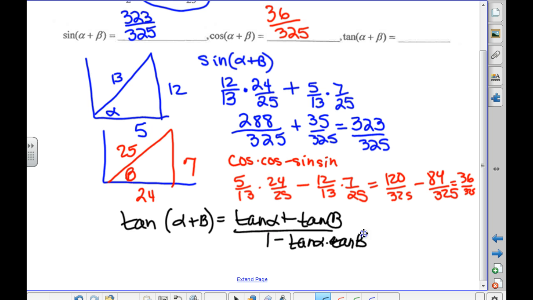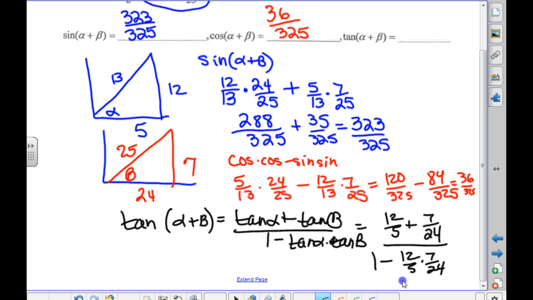Okay, help me plug those numbers in. What's the tangent of this one right here? 12 over 5 plus the tangent of this one, 7/24. Oh, are we having fun yet? Not even common denominators, right? Down here we have 1 minus those two numbers multiplied together, so 12/5 times 7/24.